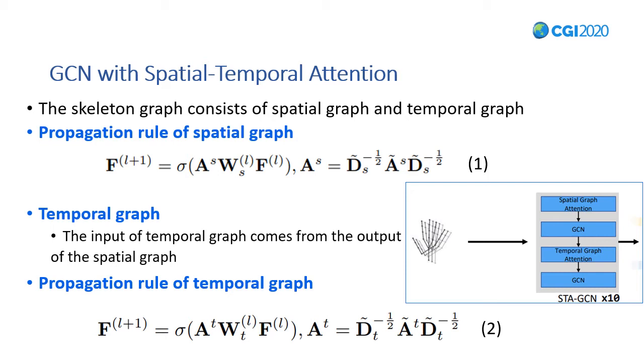The graph convolution of the temporal dimension is similar to that of the spatial dimension. The propagation rule can be formulated as equation 2. The input of temporal graph comes from the output of the spatial graph, where AT is the normalized adjacent matrix of the temporal graph.